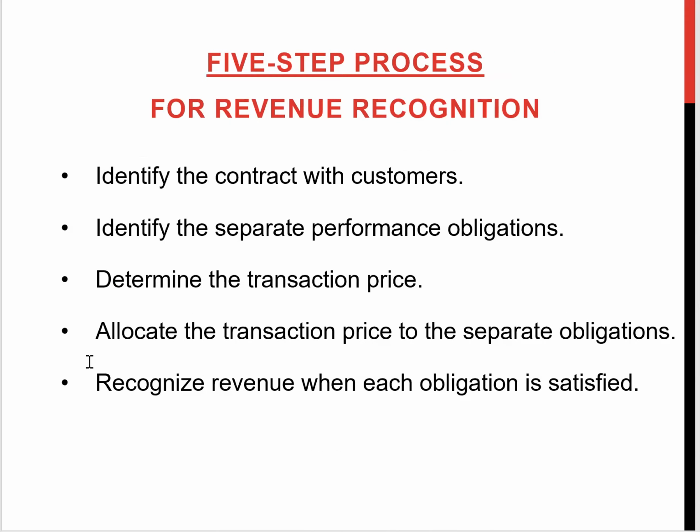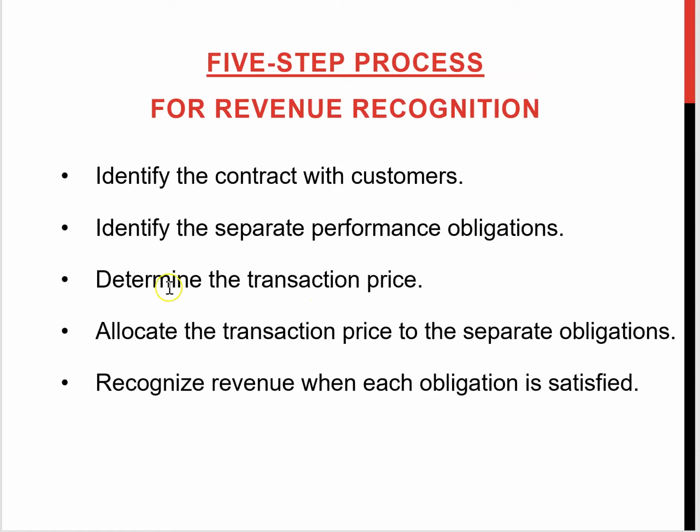So first, in this chapter, we will learn this five-step revenue recognition process. Step number 1, identify the contract. You have to identify a valid contract with your customers. Then identify performance obligations. Some contracts might have only one obligation, some contracts might have multiple obligations. So you have to look at those obligations and check whether those are interdependent or separate.